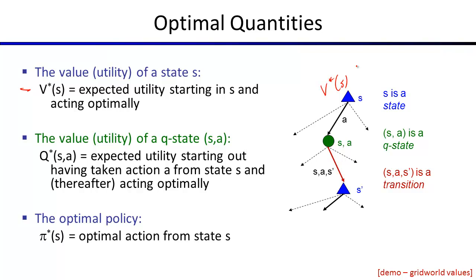The value of a Q state, state and action pair, Q star SA is the expected utility starting out having taken action A from state S and thereafter acting optimally, so it'd be sitting over here. The optimal policy, pi star of S, is the optimal action from state S.